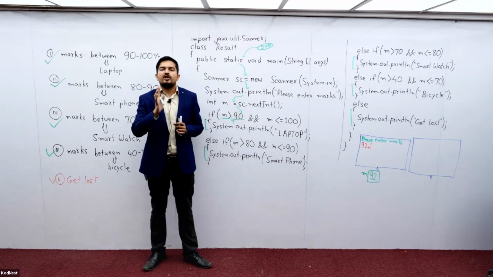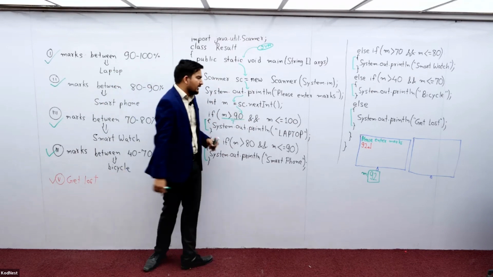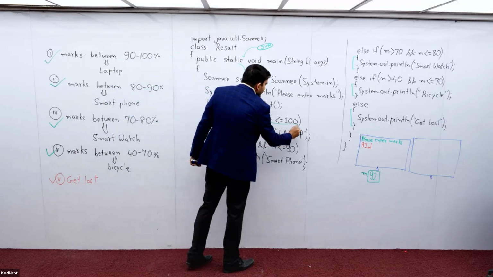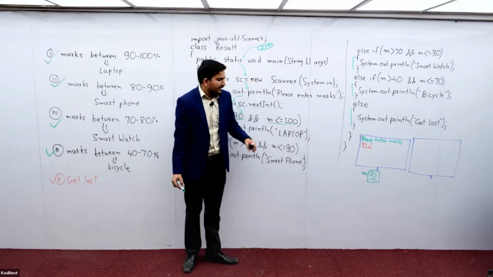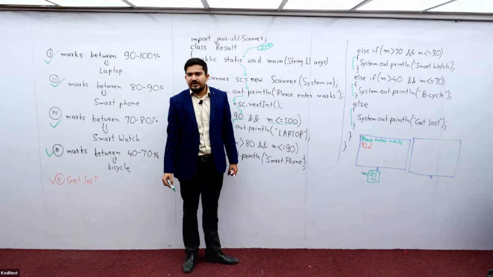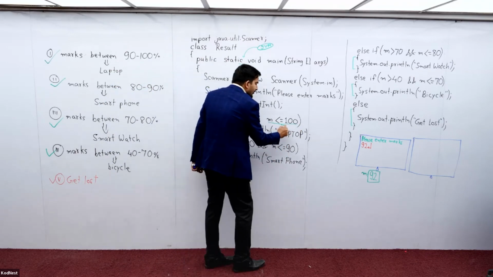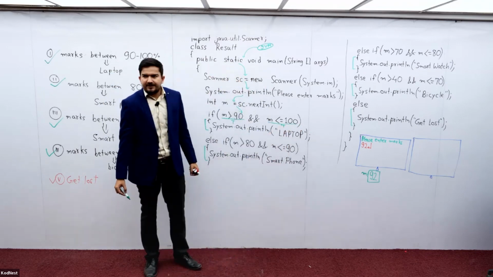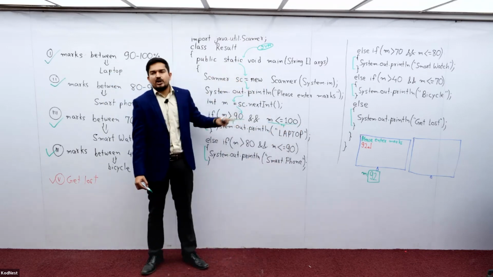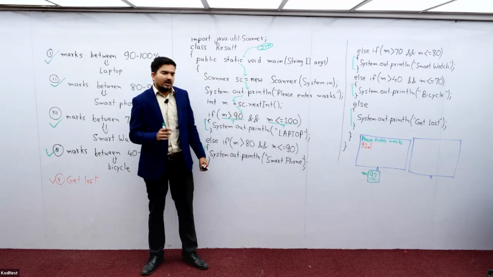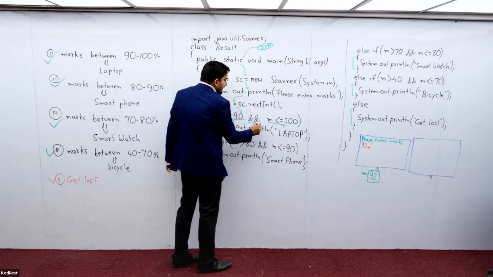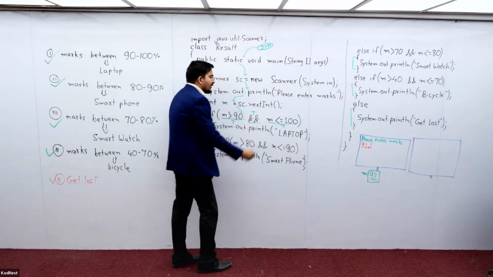Only then the overall condition will be true. What is the second condition? m is less than or equal to 100. Is 92 less than or equal to 100? 100%, 92 is less than 100. So this condition is also true. If both the conditions are true, that means what will happen? The result of this AND operator is also going to be true.